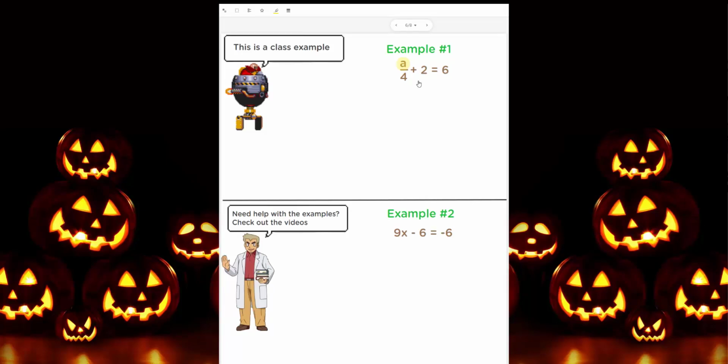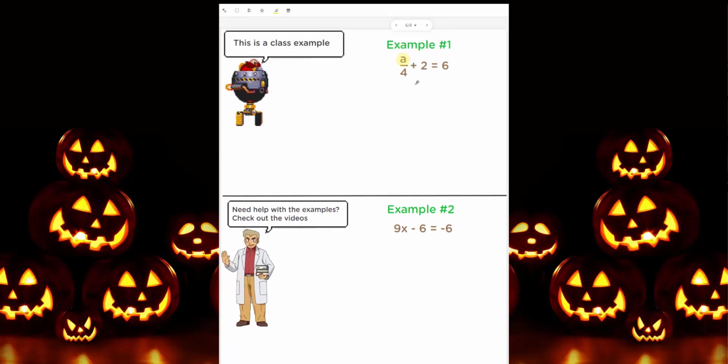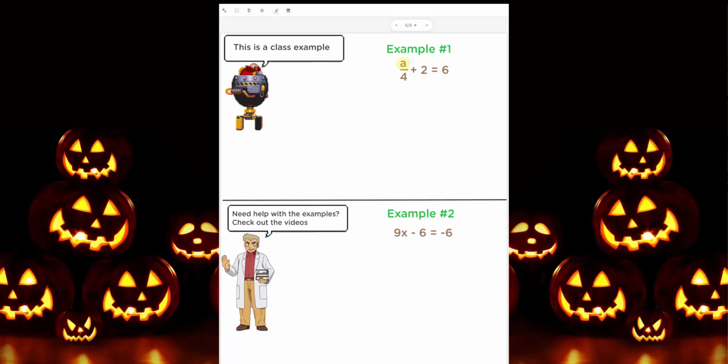Now, when you are dealing with a normal equation, where one side of the equal sign is not one big fraction, the first thing that you're going to do is check to see if there are any parentheses that you can cancel out by using the distributive property.